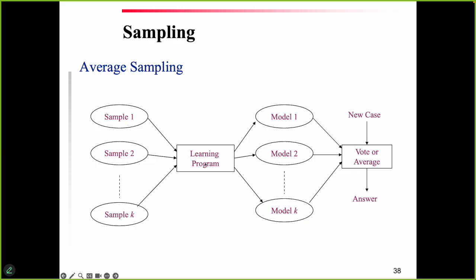Then you have your algorithm that is trained on different samples, which results in different models, right? Model 1 is trained on this sample, model 2 on this sample, and so on. At the end, when the new case arrives, you make a prediction based on all models, and those predictions are averaged or voted to give you the final answer.